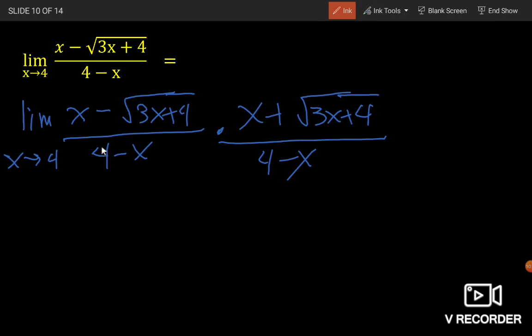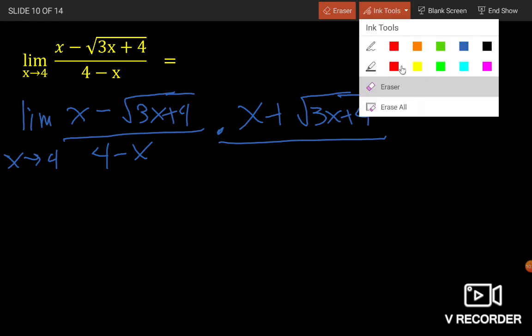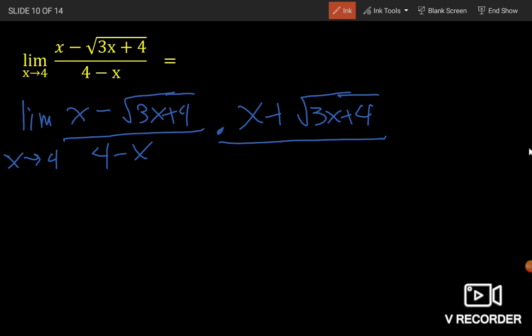So what do we get here now? x minus square root of 3x plus 4 multiplied by x plus square root of 3x plus 4. Here, the denominator needs to be x plus square root of 3x plus 4.